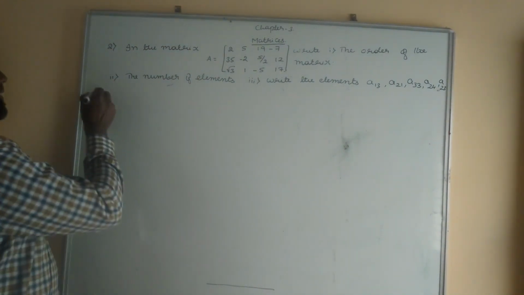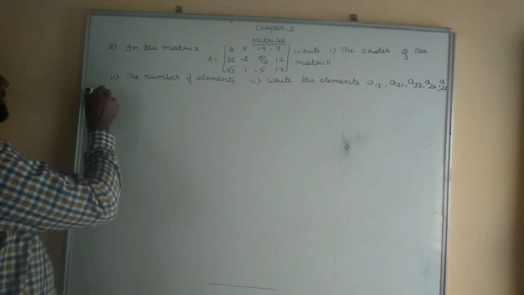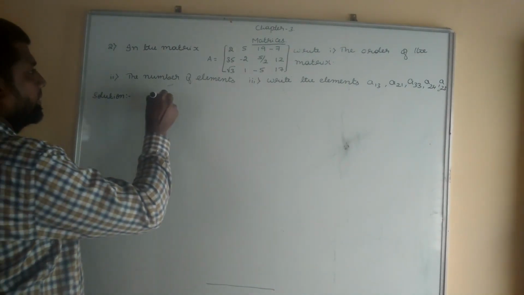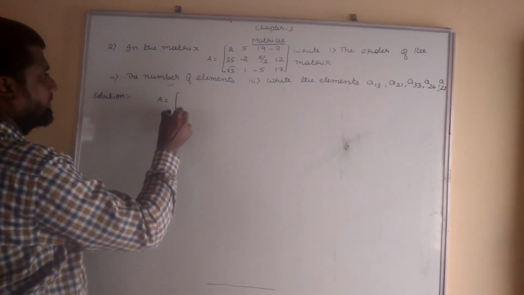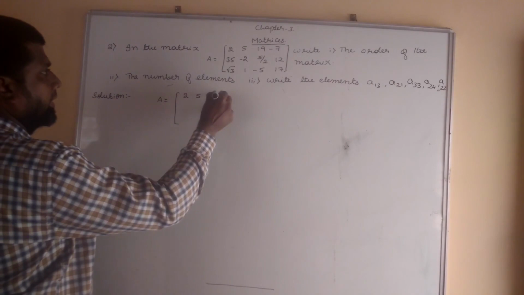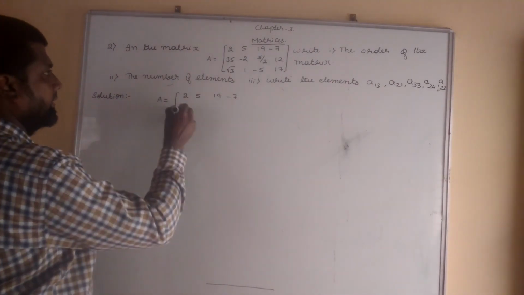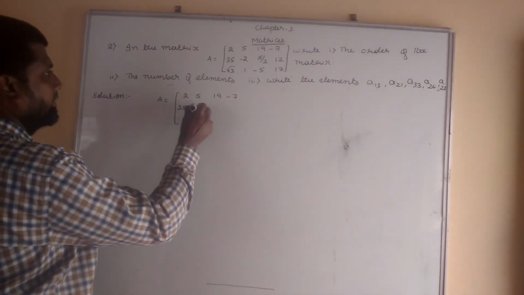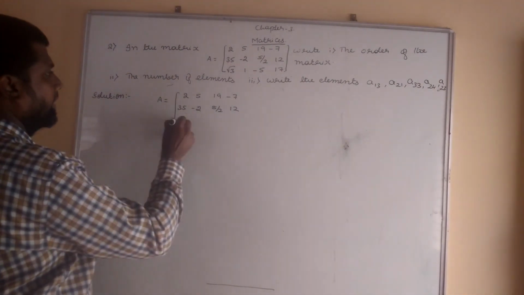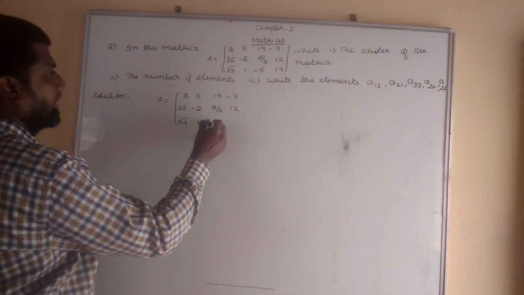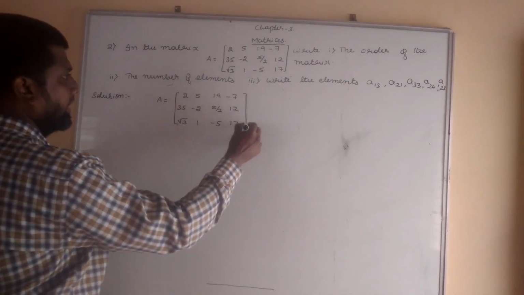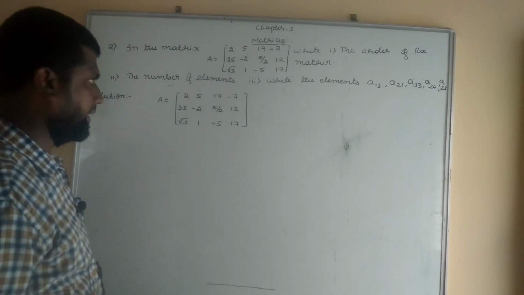So let us solve this. Let us write the given matrix: 2, 5, 19, minus 7, 35, minus 2, 5 by 2, 12, root 3, 1, minus 5, 17. I have written the given matrix.